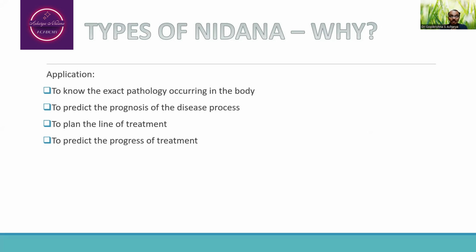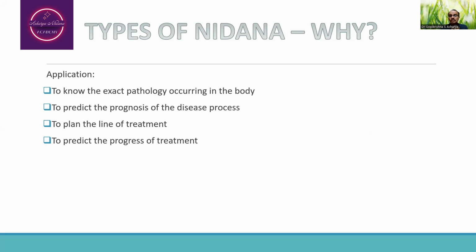If pathogens are present in all the compartments, maybe in the alimentary canal, the intravascular compartment, the interstitial compartment, or the intracellular compartment, then the prognosis of the disease will be very, very poor. That is the significance of knowing about the pathogens as such.